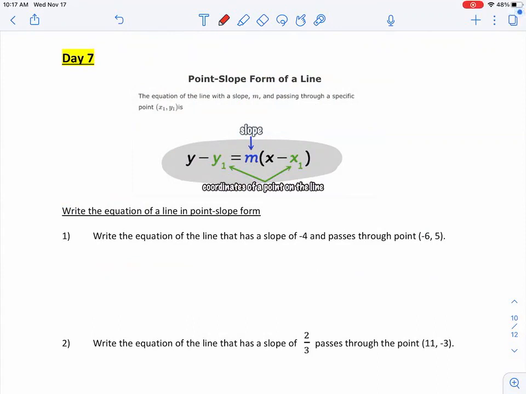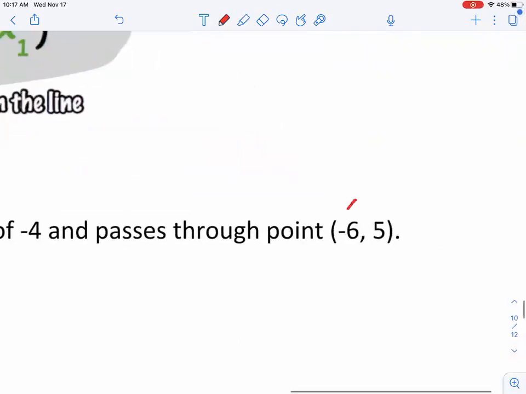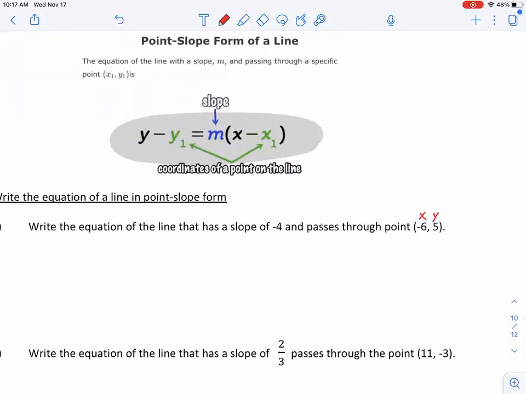It says we want to write the equation, and we're going to write it in point slope form. Our point is here, which means this is our x value and this is our y value. Our slope is -4, so that is our m. So all I'm going to do is plug them into the equation and we're done.